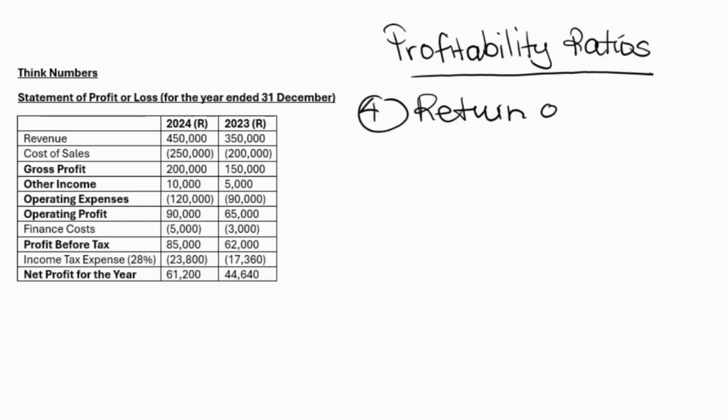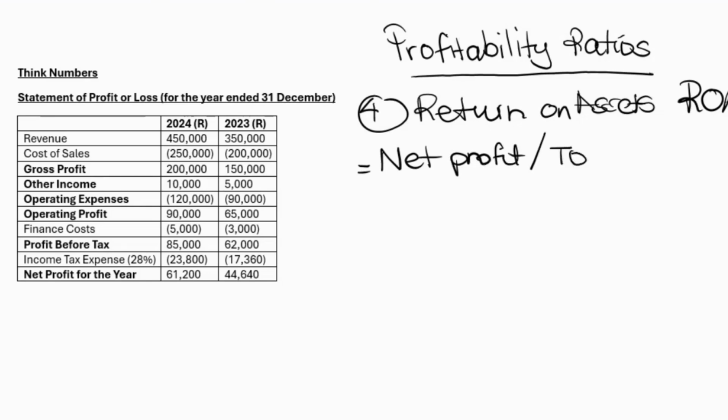So we have our return on assets, or famously known as our ROA. The formula for this is our net profit divided by our total assets.